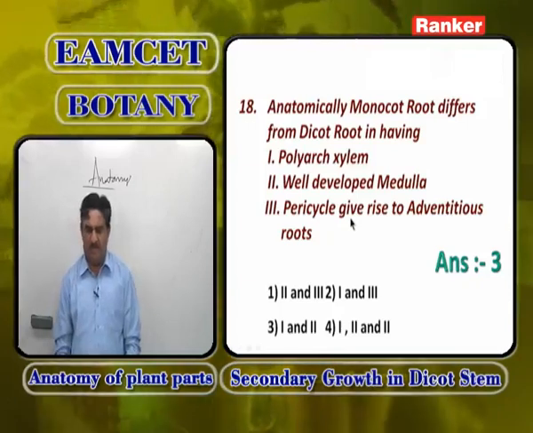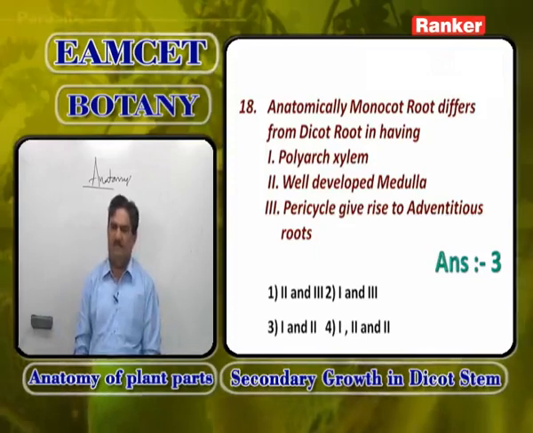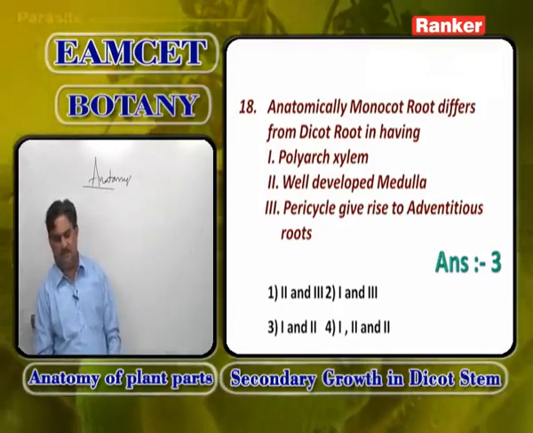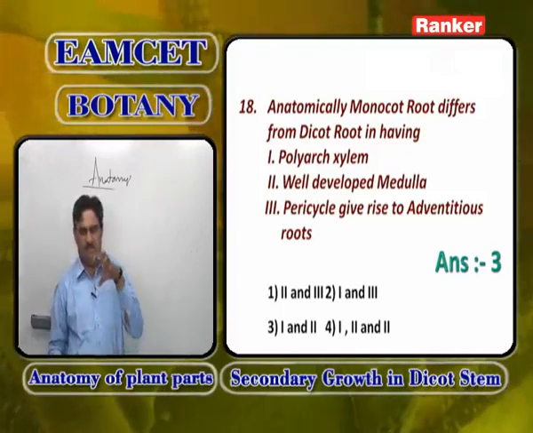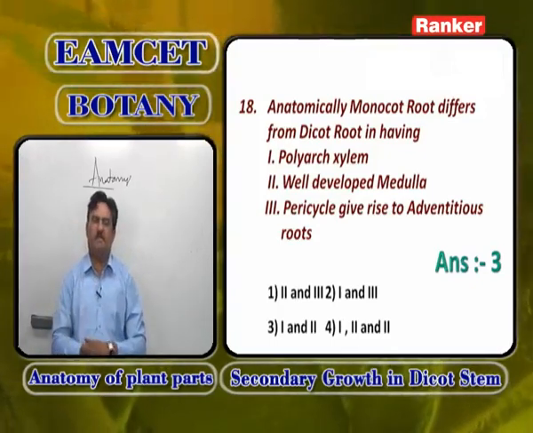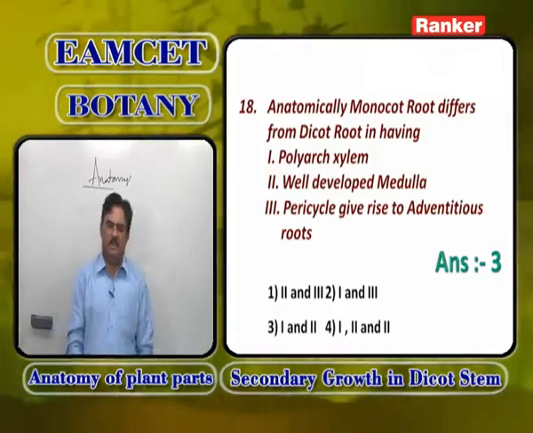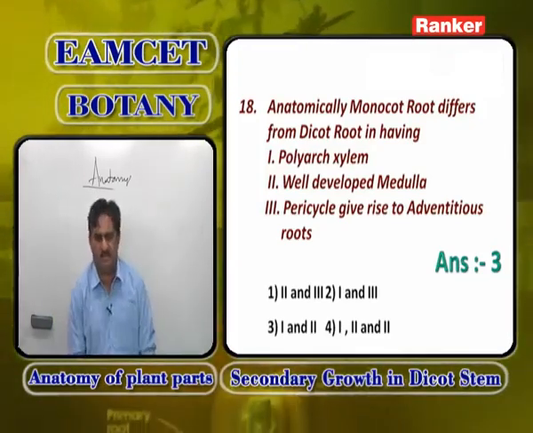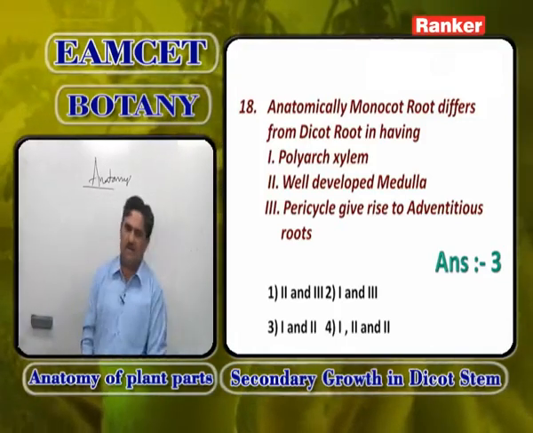So, anatomically monocot root differs from dicot root in having polyarch xylem, numerous xylem vessels alternating with phloem, radial vascular bundles, and well developed medulla. In a monocot root at the center a permanent prominent parenchymatous medulla is present, whereas in a dicot root that medulla is very much reduced or crushed due to the extensive growth of metaxylem vessel. So, answer for this is 1 and 2.